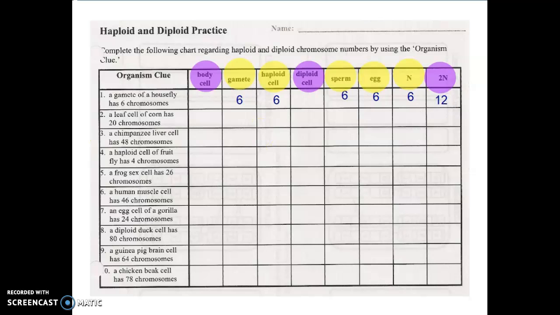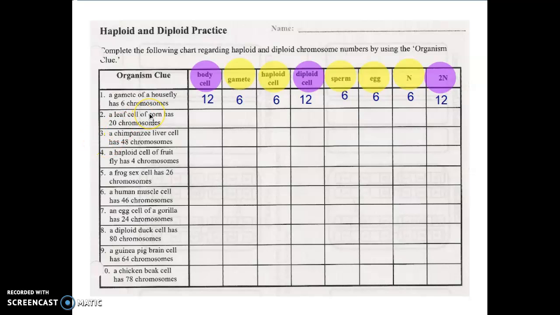Okay, so then 12 belongs in all the purple columns. Okay, so I've noticed that there are actually times where they will get you to figure out these numbers. Okay, so just remember, sex cells always have half. Other body cells will have the full number, okay?